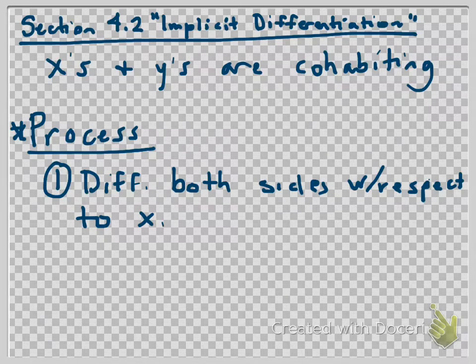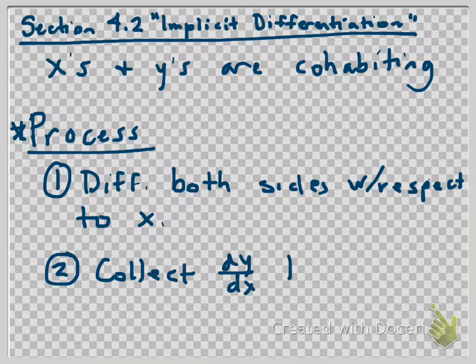Step 2 is to collect the dy dx terms on one side. Now, typically, you will probably choose to use the left side, but there's no rule about whether you do it on the left or the right.